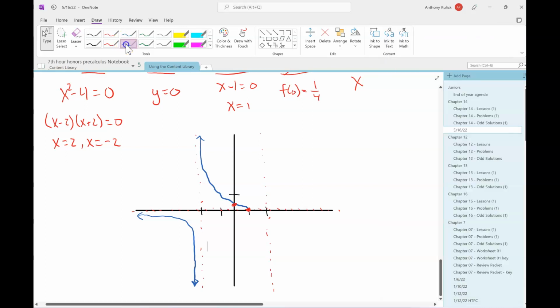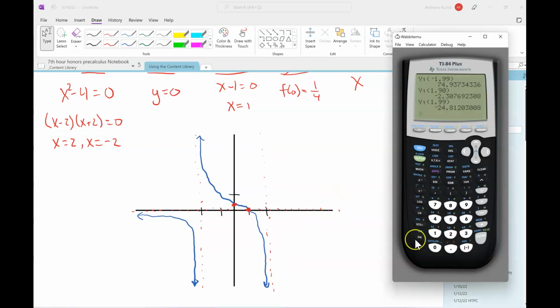So we're going down there because we're getting smaller each time. And then my last part is to see if I should be up here or down here. So we'll do positive 2.1 and then positive 2.01.